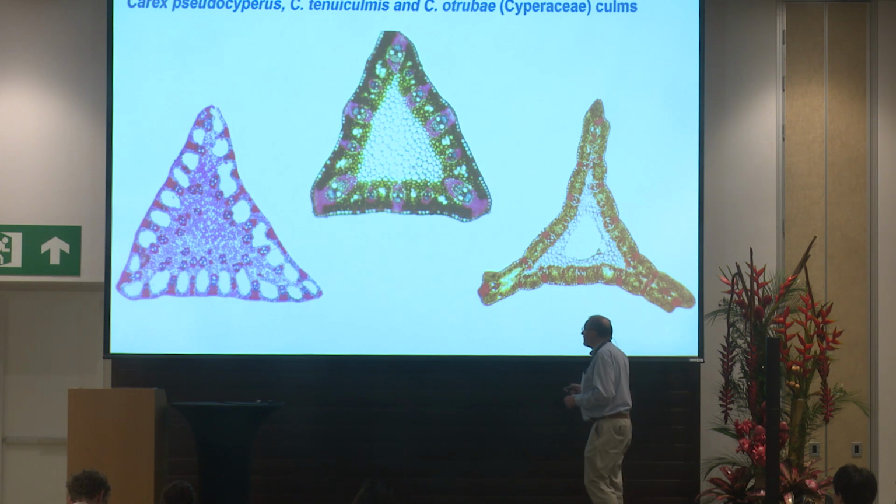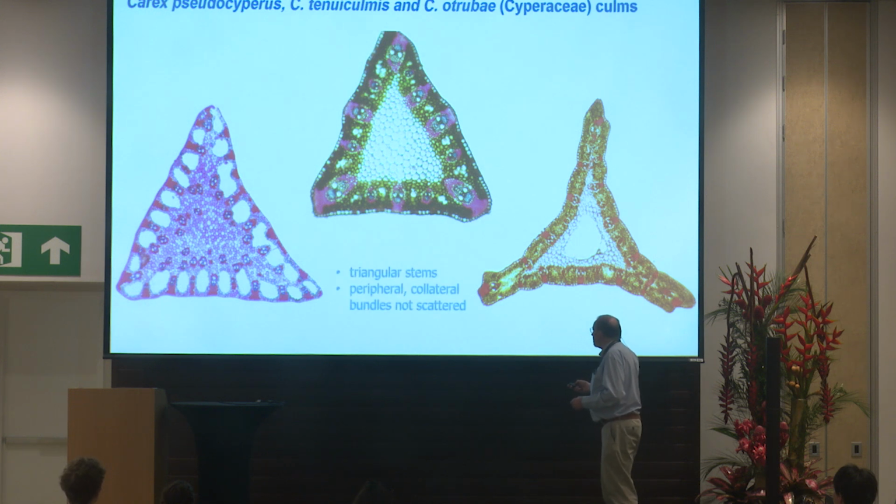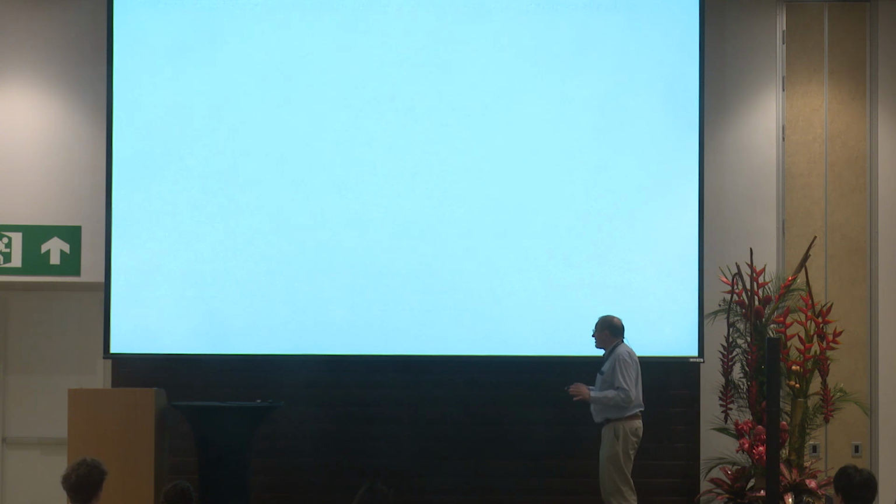When you look at the stems, the culms of sedges, you see they are triangular, and the vascular bundles are at the periphery, more pronounced here and here. The bundles are peripheral, and I will show this more in detail. They are collateral and not scattered.